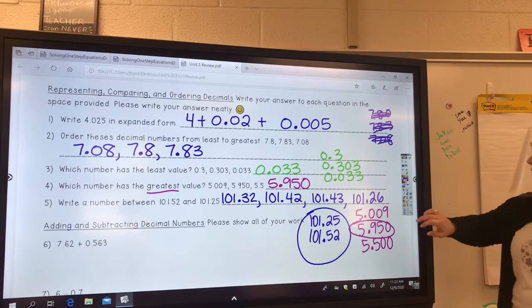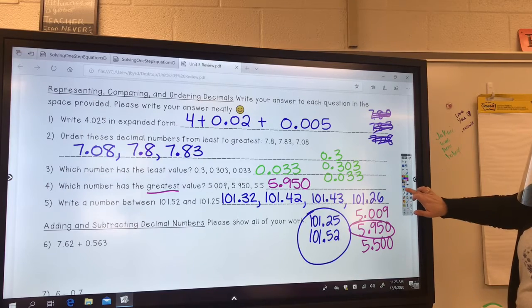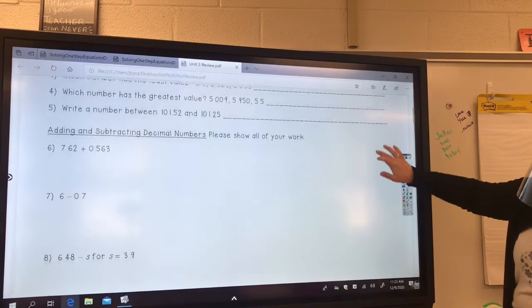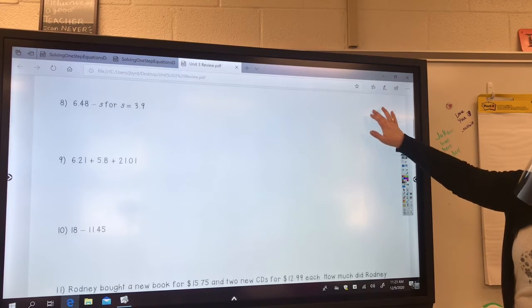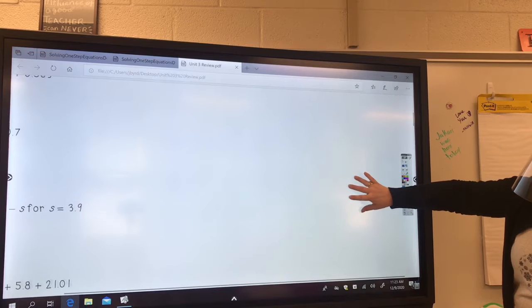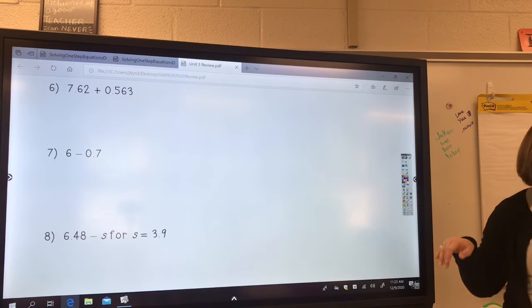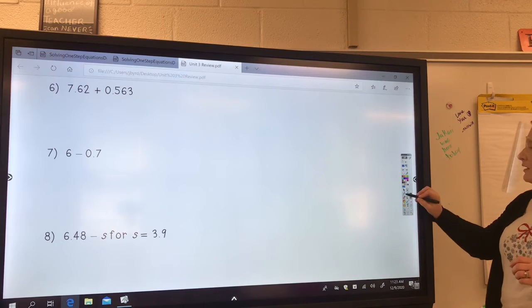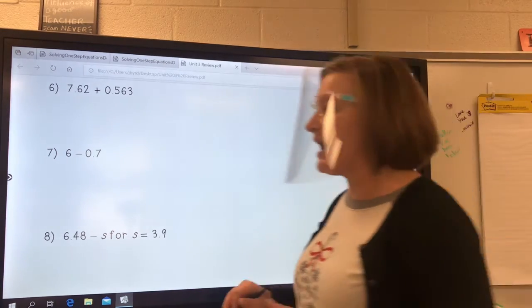All right, now let's look at number 6. Let's do this. I'm going to make this big so we can see it, and then I'll just move it after we do 6, 7, and 8. Will that work? When we are adding and subtracting decimals, what do we have to do?